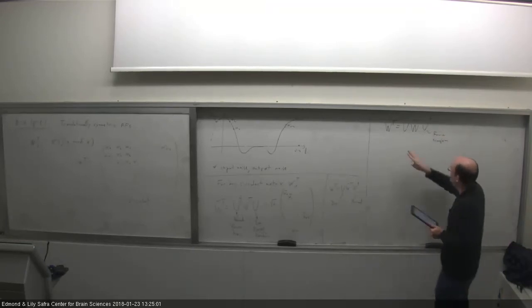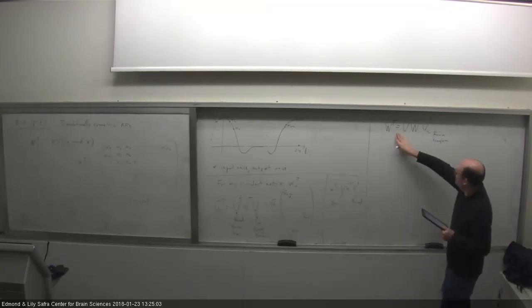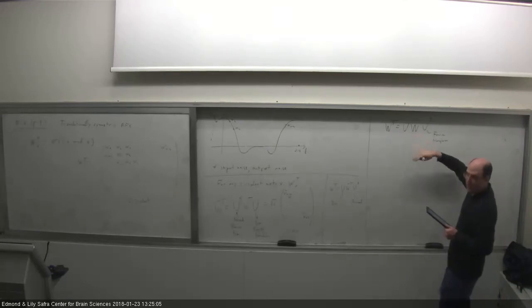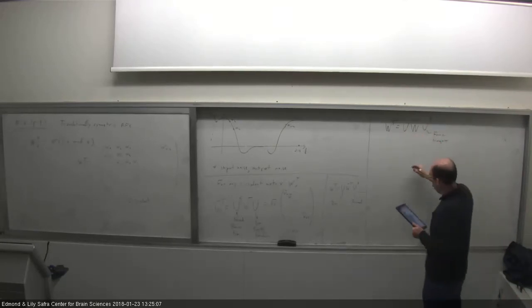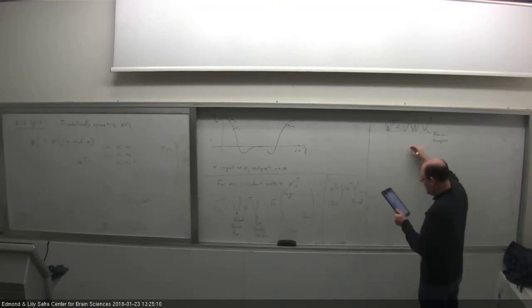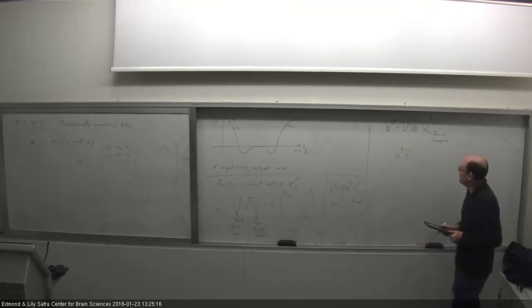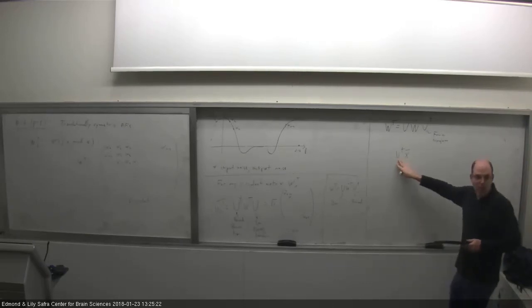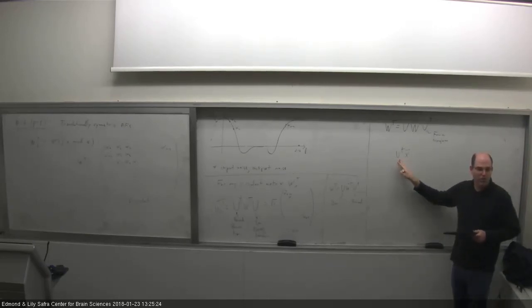And I ask, what is this function doing to an input vector? An input vector is the activation of the photoreceptors. So I claim that U dagger X, what is that? That's a Fourier transformation. So it's the decomposition of the visual input into its Fourier components.